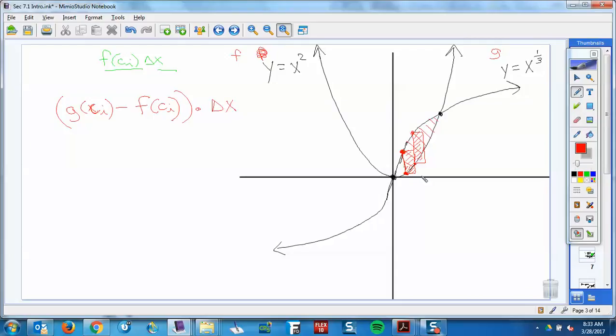So the width we would still find the same way, right? The width would still be b minus a divided by n. So we're still going to find our width, but our heights are not going to be just y values. They're going to be the top y value minus this y value. And then that's going to be the height of my rectangle. And then if I take a sigma to add those up, we're going to have it. So now it's just going to be a matter of finding it.